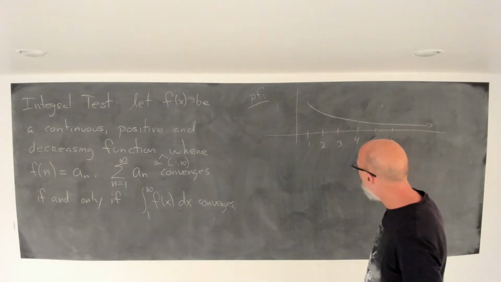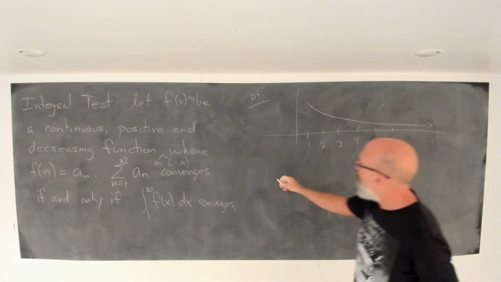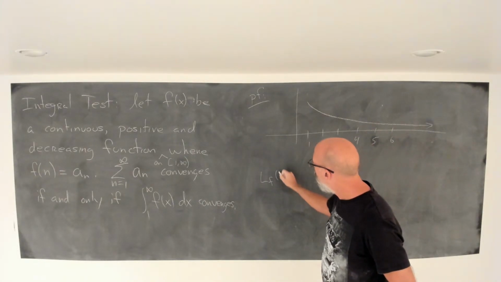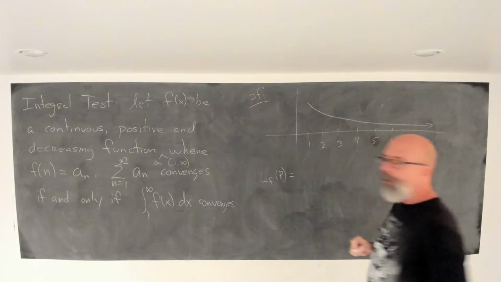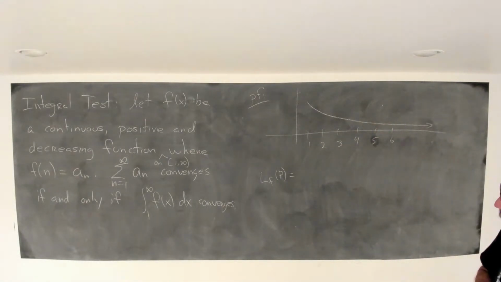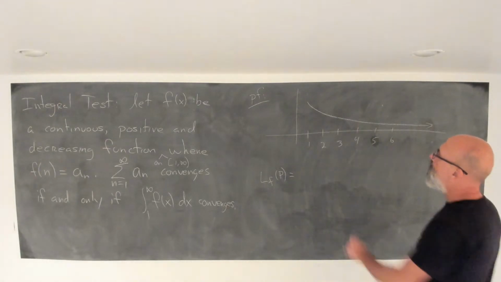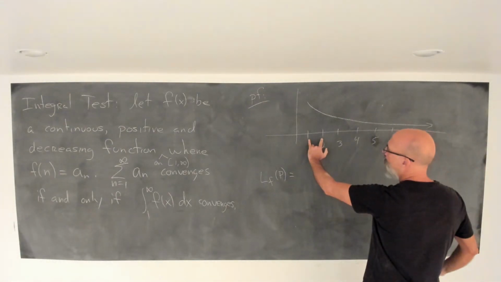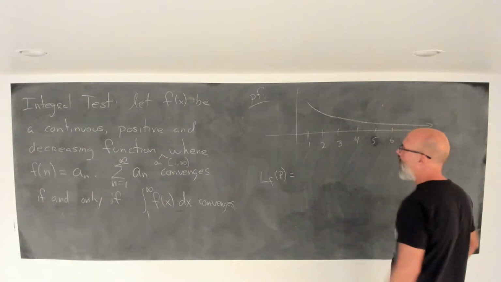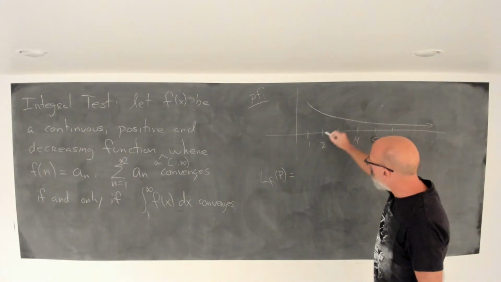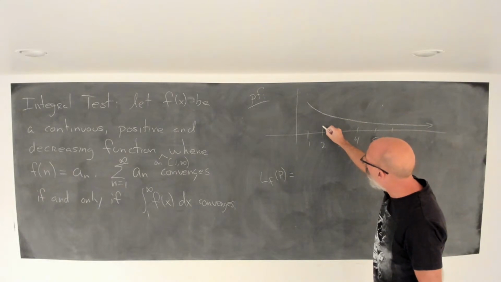So that's going to be our partition P. We're going to calculate the lower sum of the function on this partition. On your first subinterval, we're going to choose the point where the function is minimum. And of course, since your function is decreasing, the minimum occurs at the right endpoint.